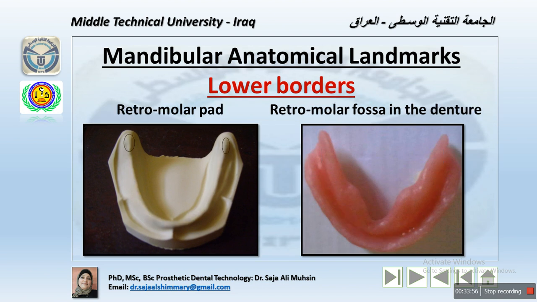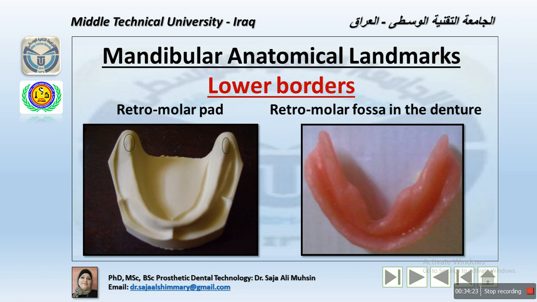The retromolar pad is the distal border of the lower denture. A point two-thirds of the way up the retromolar pad may be used to approximate the occlusal plane, which means that the rest is not included within the occlusal load of the denture.